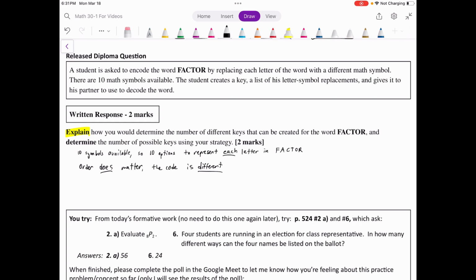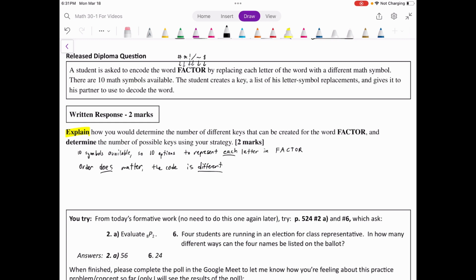Like if I make F pound, or if I make F star. If I go pound, star, exclamation, slash, tilde, what's another symbol? Dollar sign, right? Even if I use all those same symbols, but a different order, I've got a different code now.